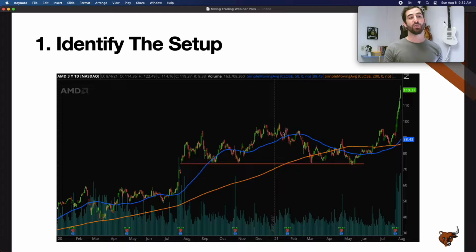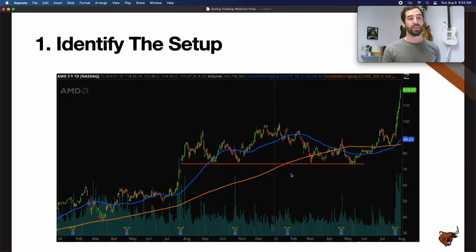It pulls back down months after. So the first pullback was in September 2020. The second one was in November or late October. And now look at this. Months after, in March 2021, the stock pulls back into the same price level it had pulled back into months before and held.